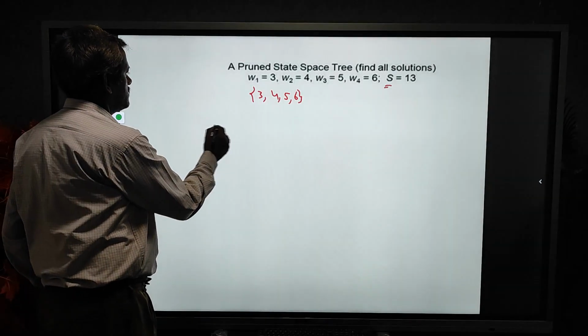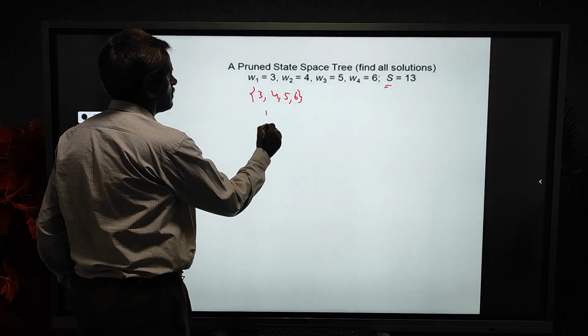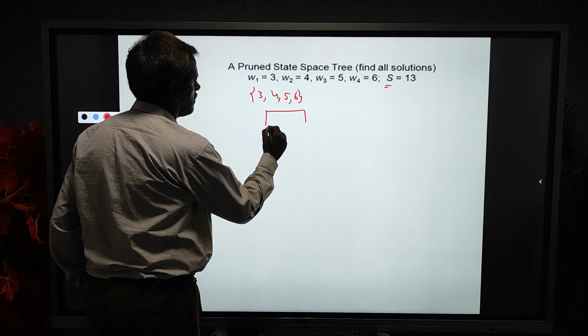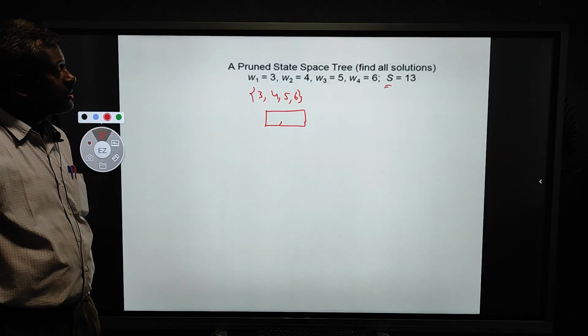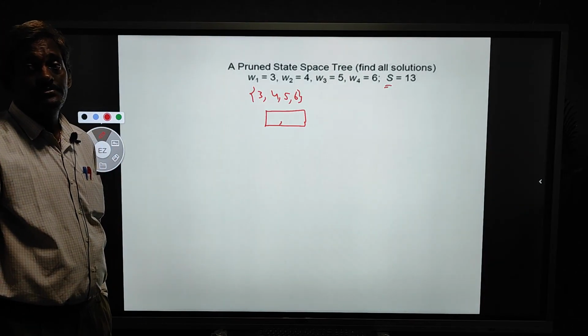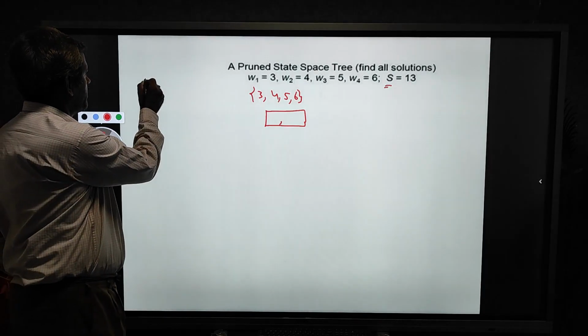Now see, for this, in each and every node we are going to consider an ordinate.